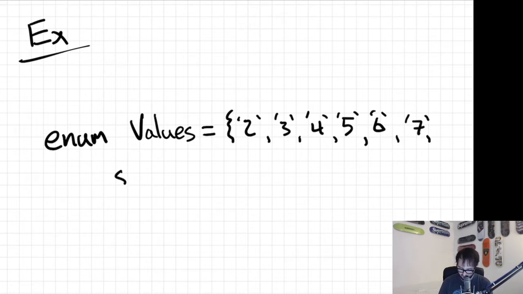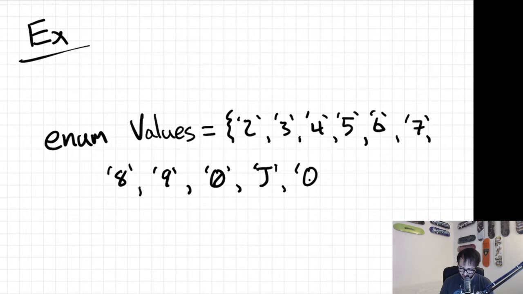I'm just going to go to the next line. 8, 9, 10, Jack, Queen, King, Ace.